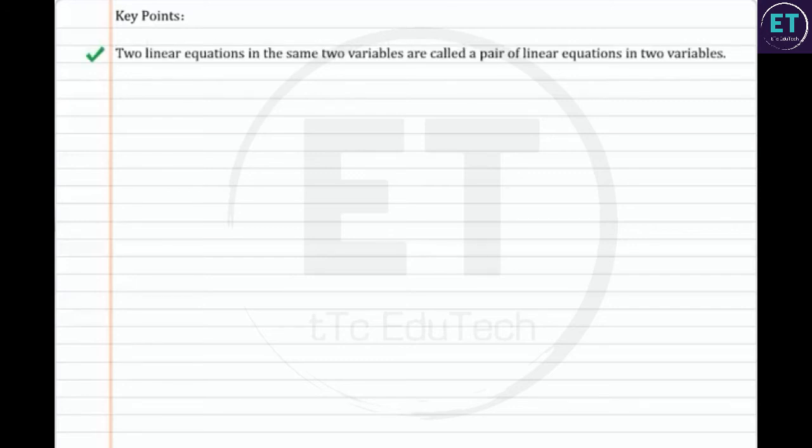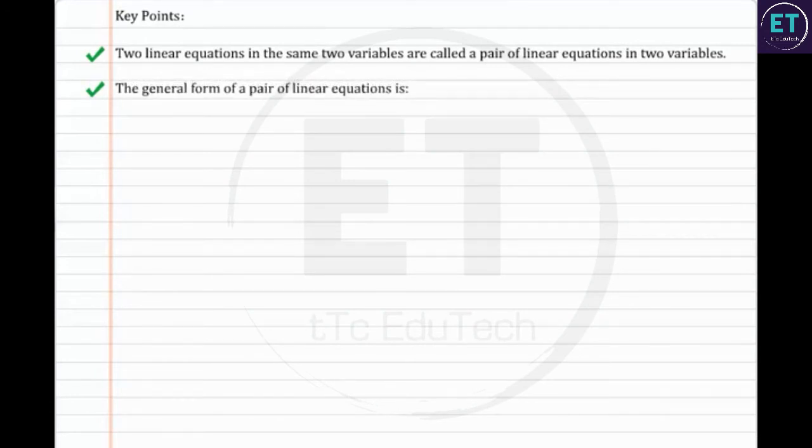You have reached the end of this section. Before moving on to the next section, let's recap the key points covered. Two linear equations in the same two variables are called a pair of linear equations in two variables.